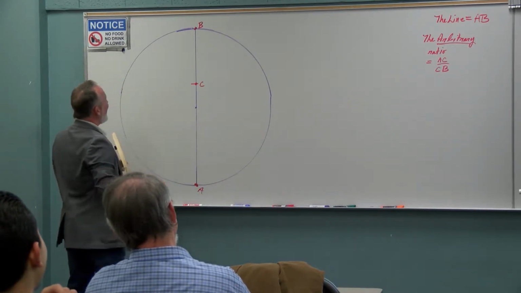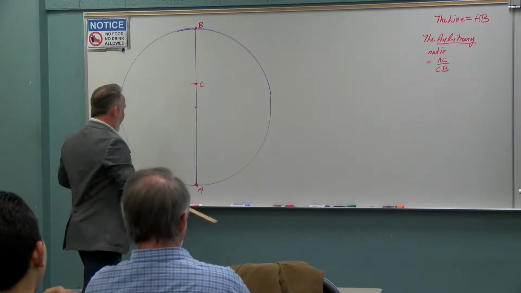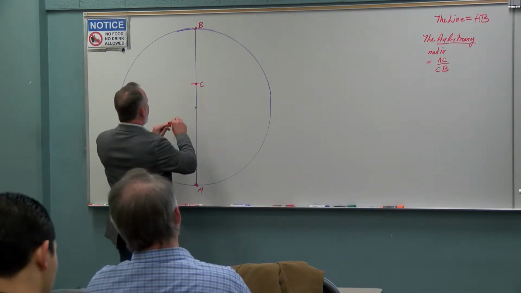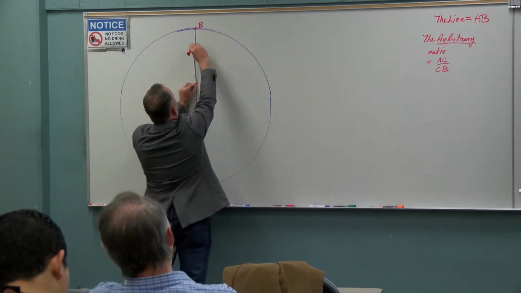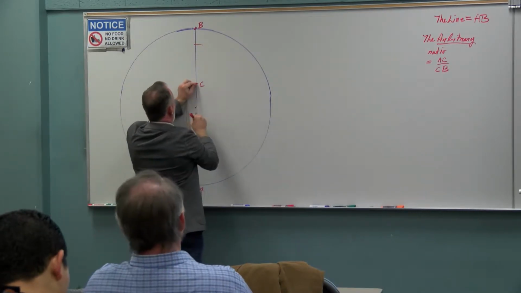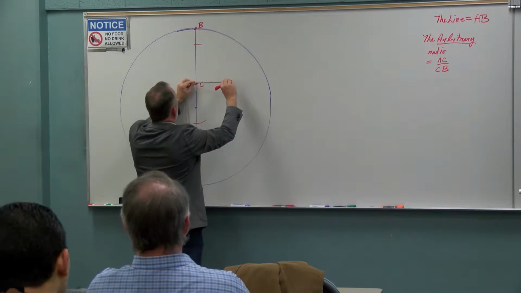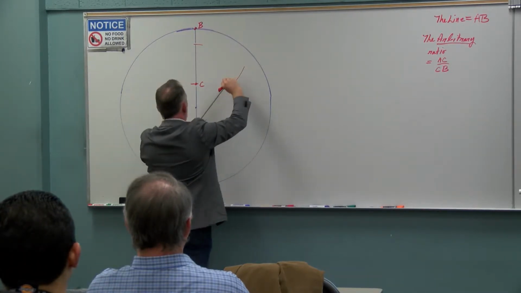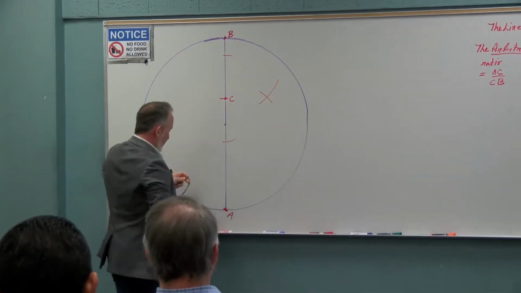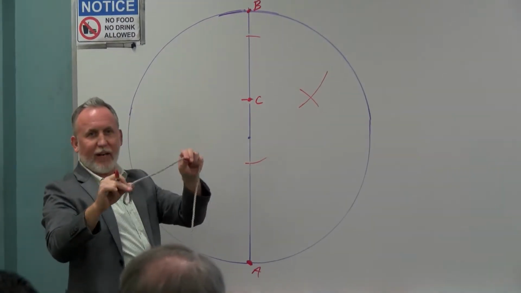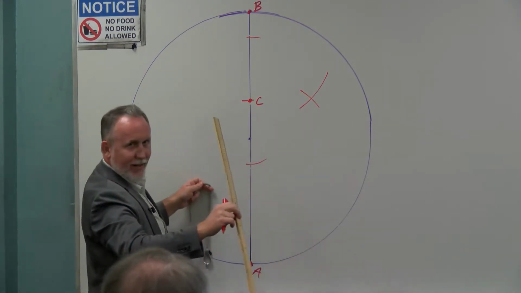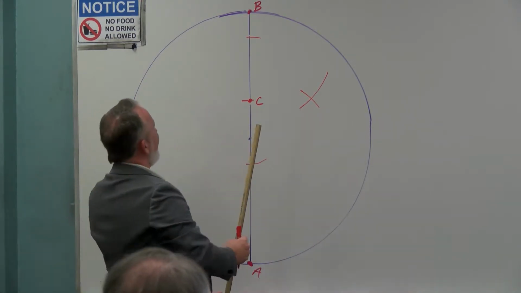So first off, what I'm going to do is make a perpendicular. So this is like a compass, right? You can use a compass, and then I'm going to use a straight edge. So this is all by compass and straight edge.